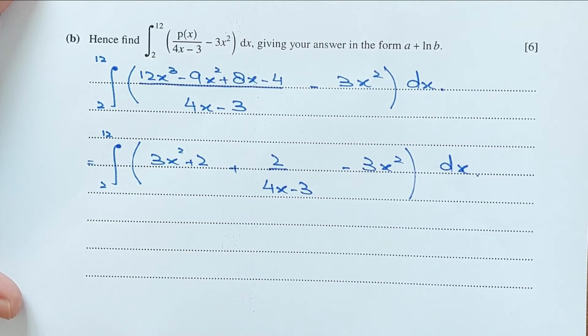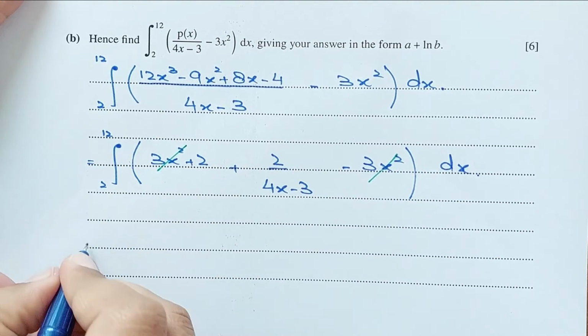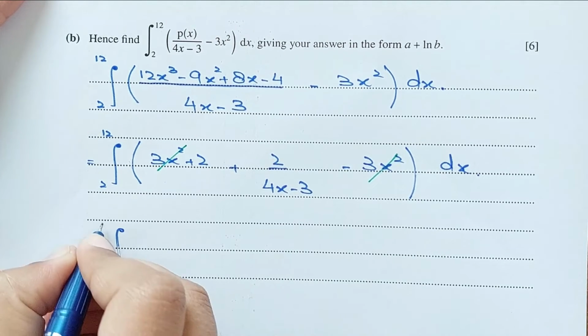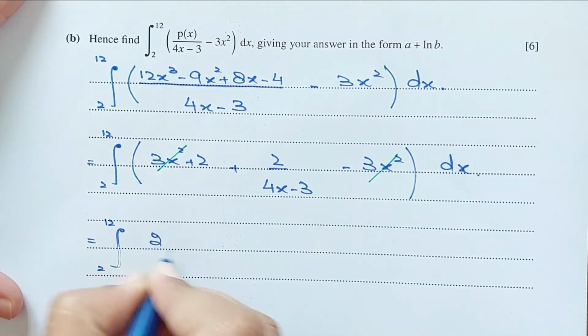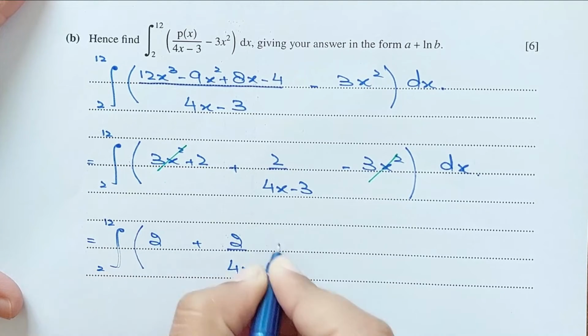So 3x squared minus 3x squared cancels out, so the simplified integral is from 2 to 12 of 2 plus 2 over 4x minus 3 with respect to dx.